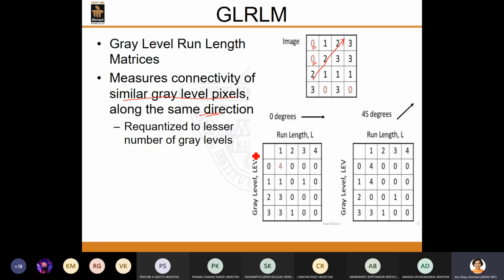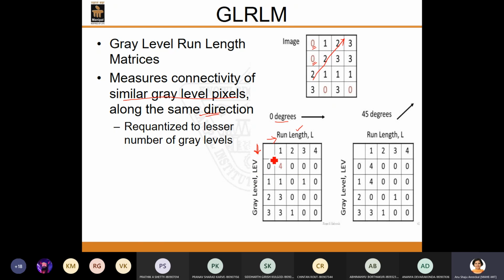So when you're forming the GLRLM matrix, let's say it is for 0 degree, that is the horizontal direction. Along this axis I have the gray level values, and here I have the run length. Run length is basically the number of pixels, or how many times it is going. For example, here it would be 3 and here it would be 2 and so on, and these entries are made.